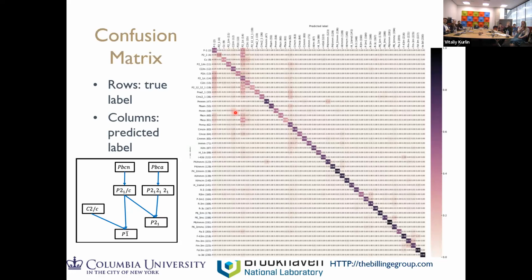This is something I like very much, because we learned some crystallography from the machine learning models. I know about space group subgroup relations, but I didn't know about this difficulty of disambiguating certain space groups.